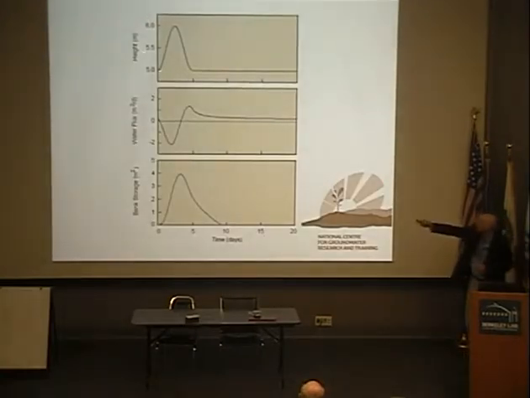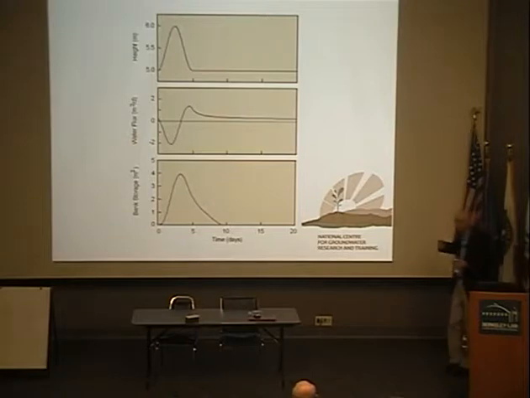So the height of the stream goes up and down. Water moves into the groundwater, which is a negative flux here. And then once the wave passes, it comes back out, and then you go back to a steady groundwater inflow. So we had a steady groundwater inflow that we superimposed this river head variation on.